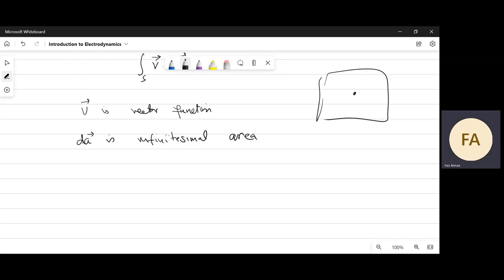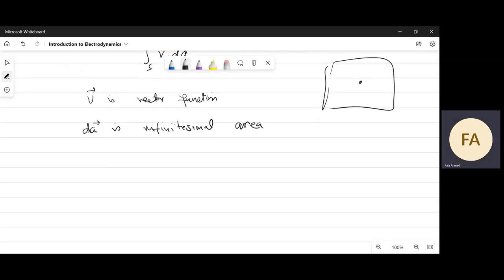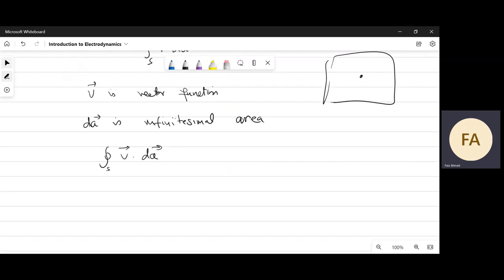Similar to the line integral, we can take the closed surface integral, expressed as V dot dA, where we put a circle on the integral sign to express the closed surface integral.